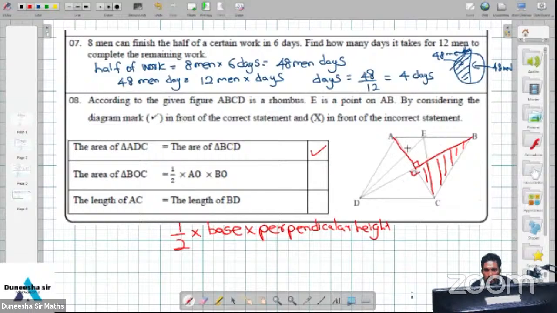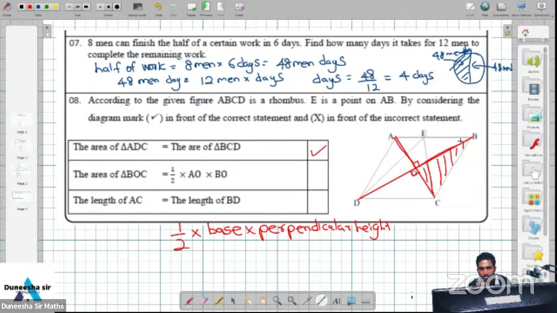This, the diagonals intersect at 90 degrees. හරි. අංශක 90ට තමයි මේ rhombus එකේ diagonal ටික cross වෙන්නේ. එතකොට මෙතන තියෙන්නේ මෙන්න මේ diagonal එකයි මෙන්න මේ diagonal එකයි. එතකොට ඒවා cross වෙන්නේ 90 degree වලින්.